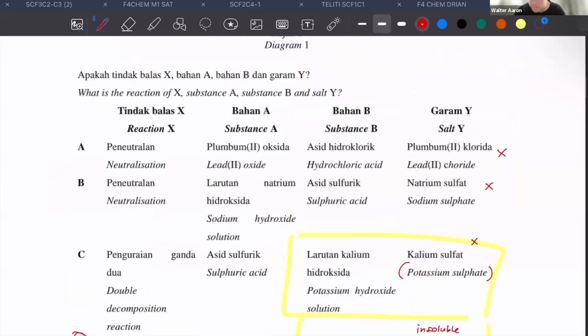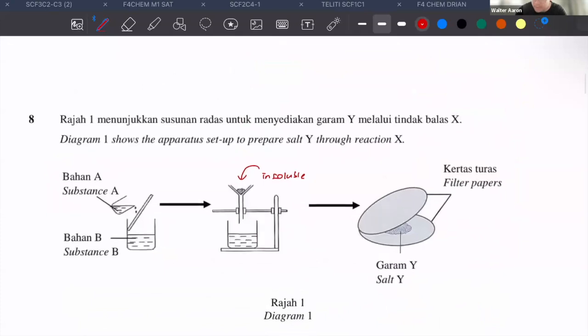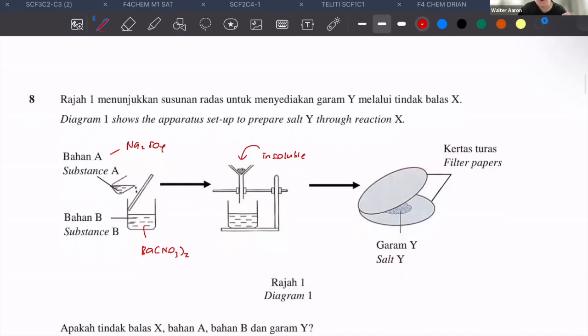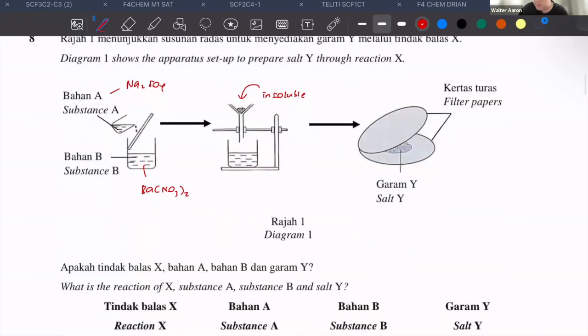Imagine that one is sodium sulfate, and the other is barium nitrate. After a while, you will see a precipitate being formed, and then you can filter it off and dry it with a piece of filter paper. You'll definitely be able to get the pure barium sulfate salt. So the answer is D.